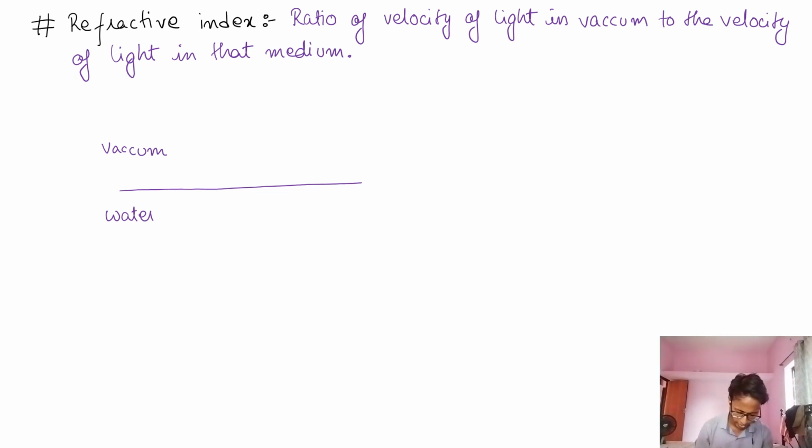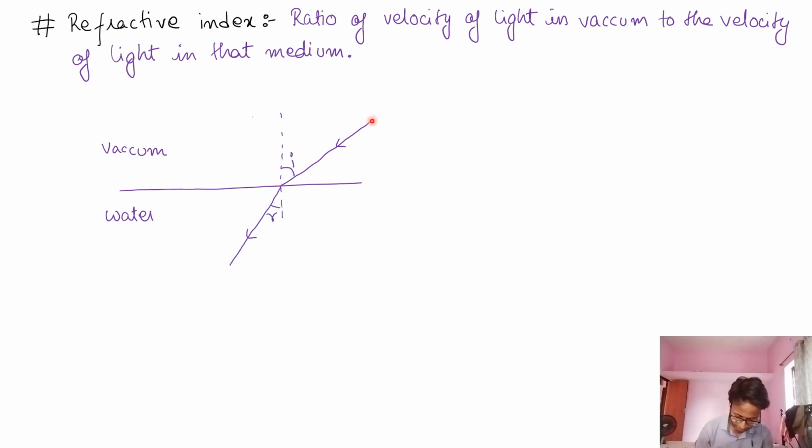So the upper side was vacuum, the lower side was water. Suppose there's an incident ray of light, this is the normal, and this is the refracted ray. This is the angle of incidence, this is the angle of refraction.